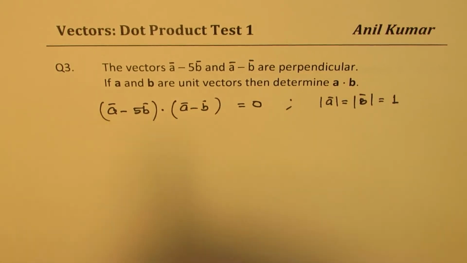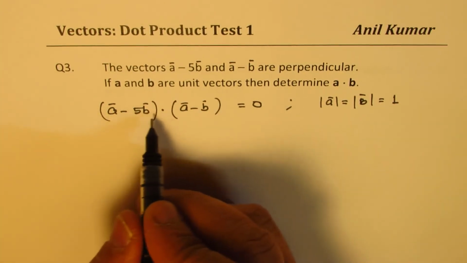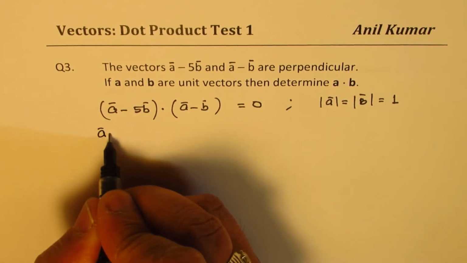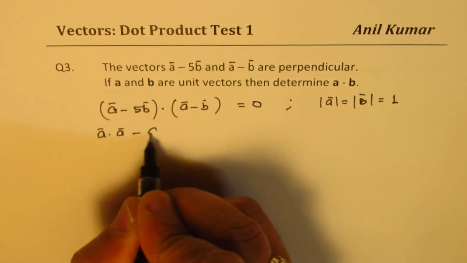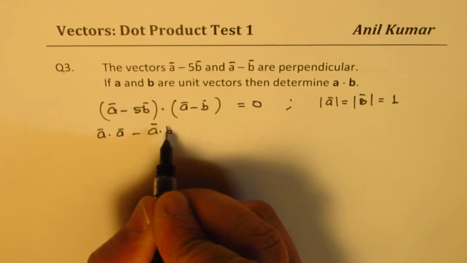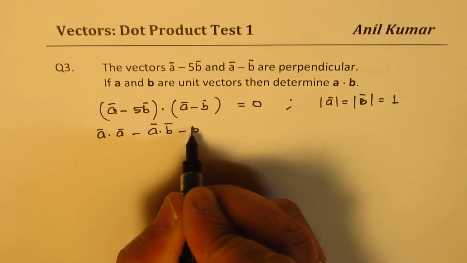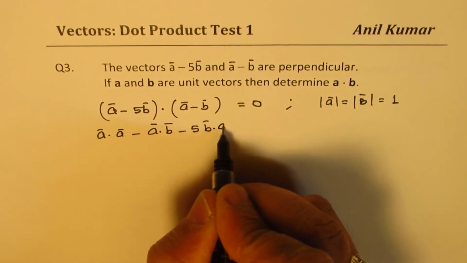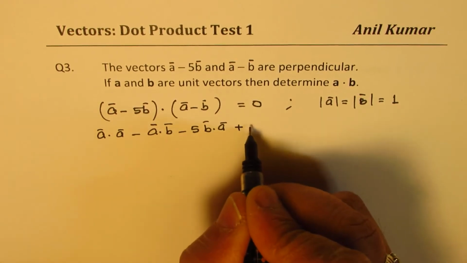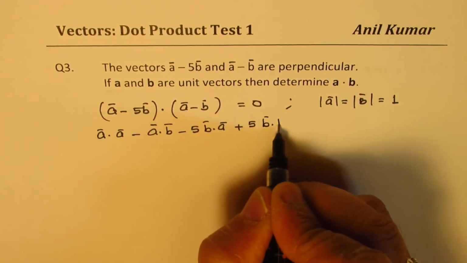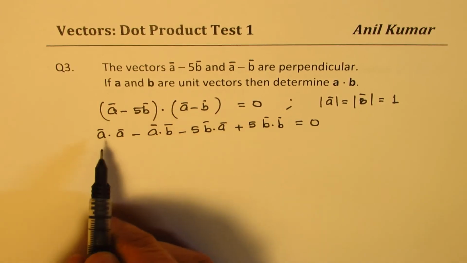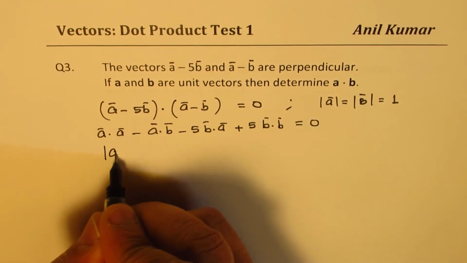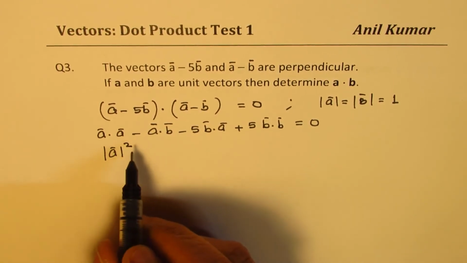Well, let us expand this. So when you multiply, dot product, you get a dot a minus a dot b, right? And that gives you minus 5b dot a, and this is plus 5b dot b, right? Equals 0. Now a dot a is magnitude of a square.